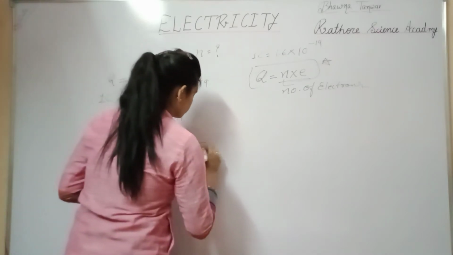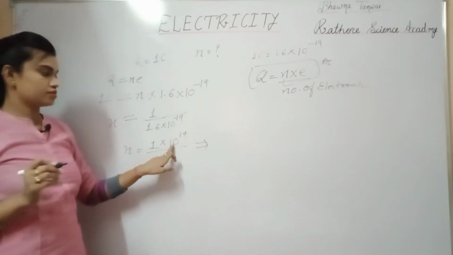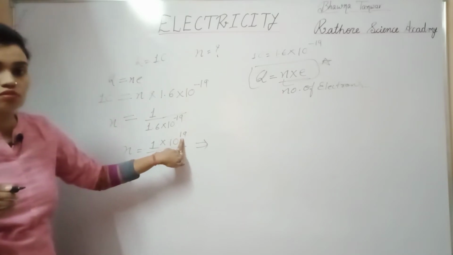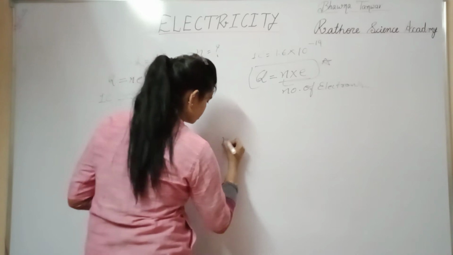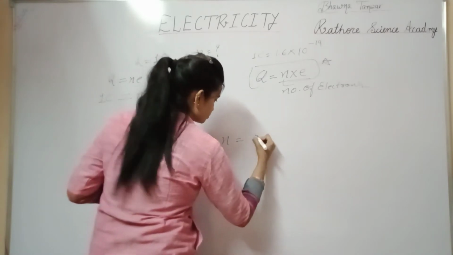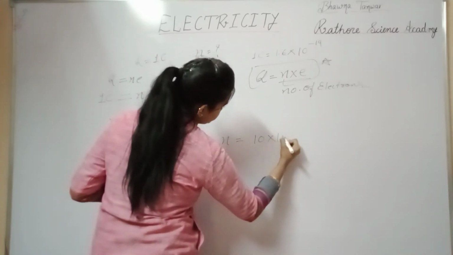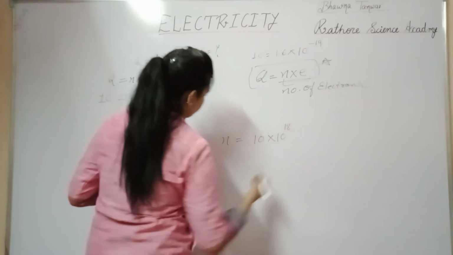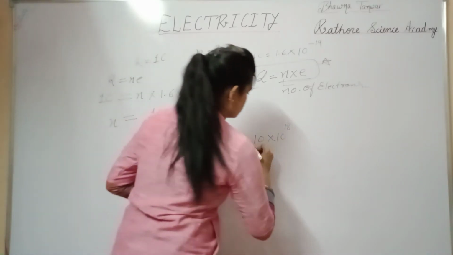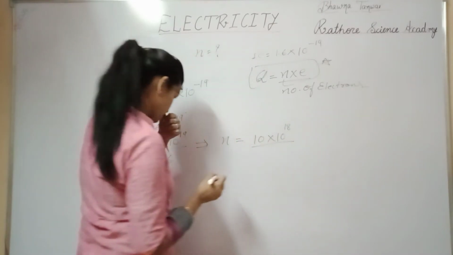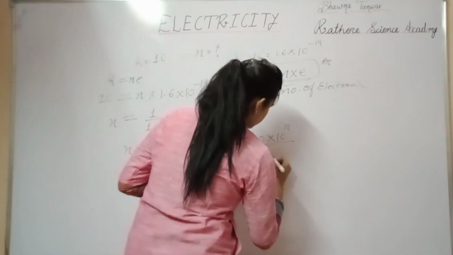Now see, can we break this 10 raised to the power 19? Yes, we can. We can write it like 10 into 10 raised to the power 18, upon 1.6.